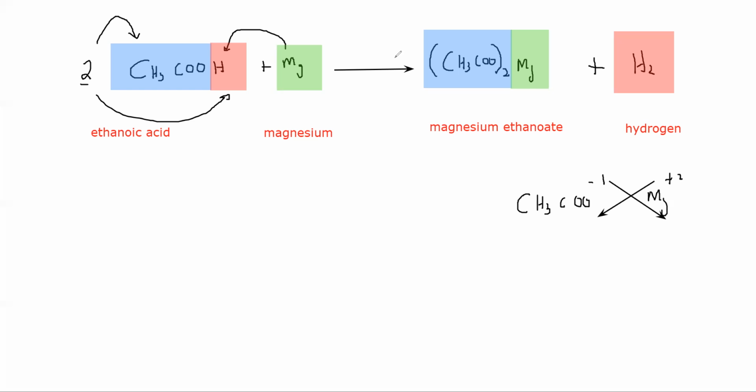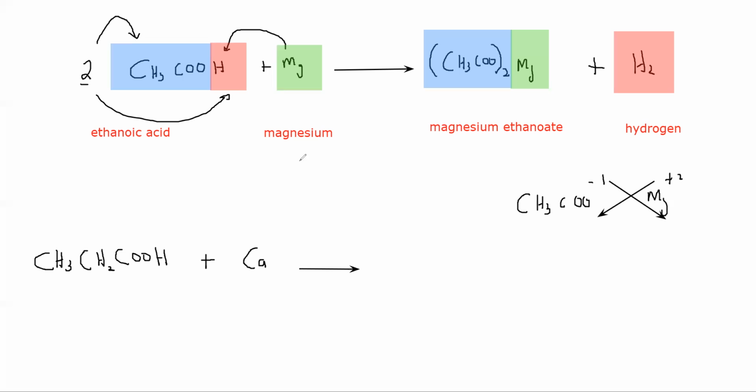Another acid, if you have propanoic acid, which is CH3CH2COOH, plus, I add for example calcium. So what will be the product? Calcium is group 2.